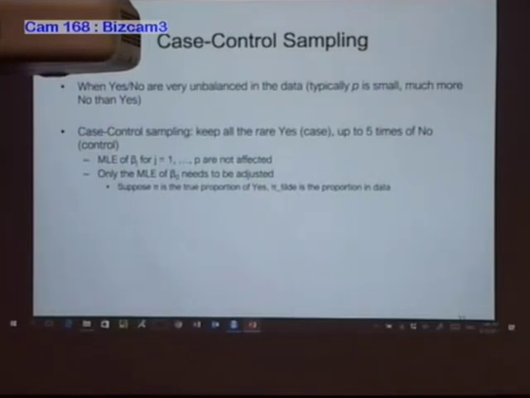So only beta 0 is affected, but it turns out there's a nice formula. You can just fix that. After doing all these data changes, you are introducing some bias, but there's a formula to fix that. So let me explain this fix. So this is the beta 0 from the reduced data.